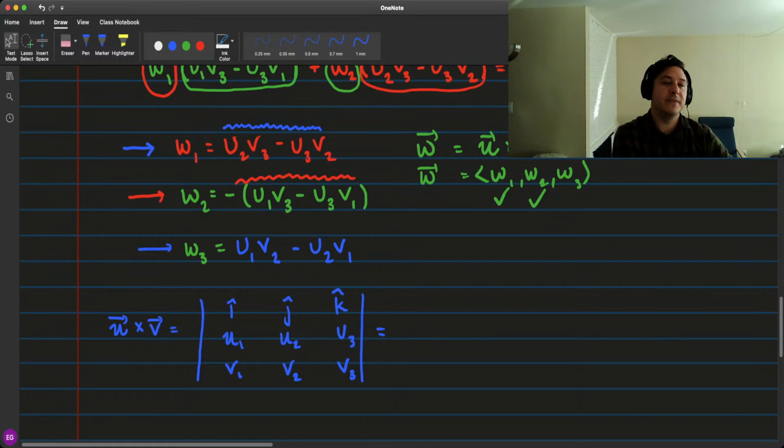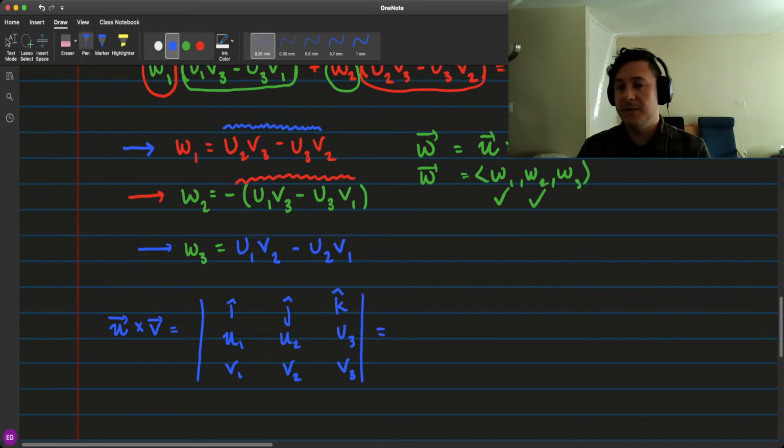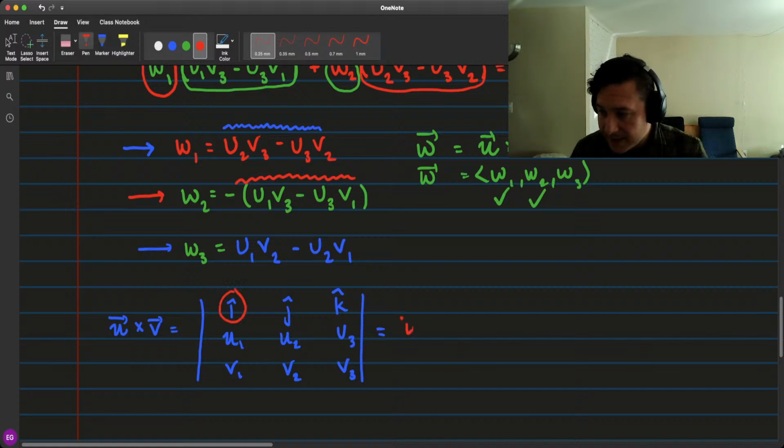So the determinant of a 3x3 matrix, here what you would do is you'd start with I. And you would have the I vector times, now what you do is you cross this out. You forget about that row and that column, and then you just look at this stuff. And if you look, do you see how you have U2, U3, V2, and V3?